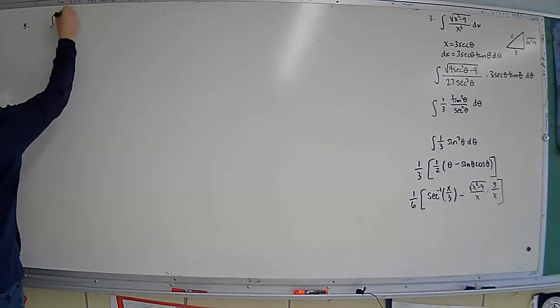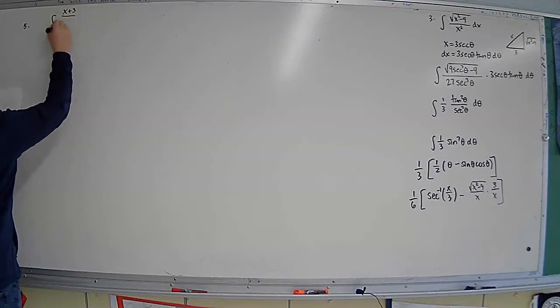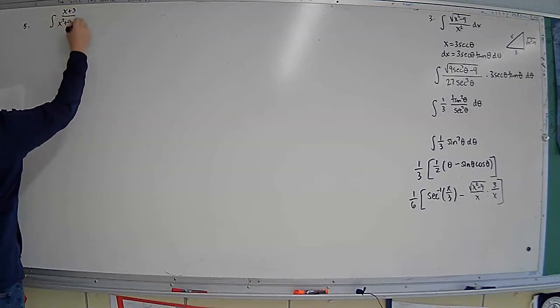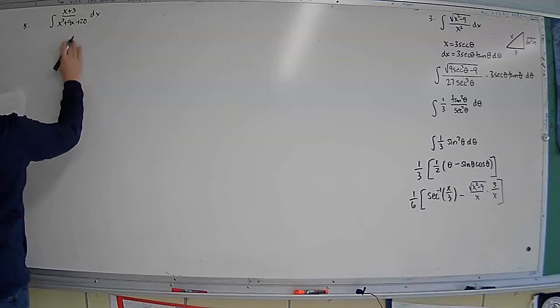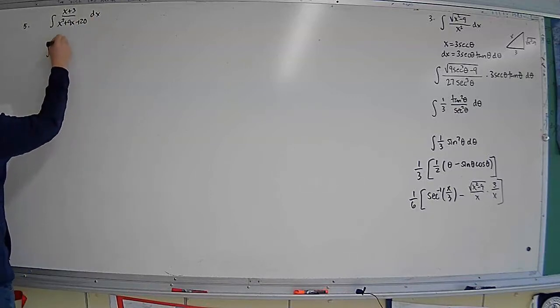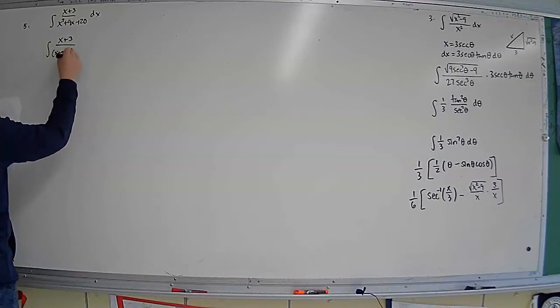So that's x plus 3 over x squared plus 9x plus 20. So you factor that. That's x plus 3 over x plus 5 times x plus 4.